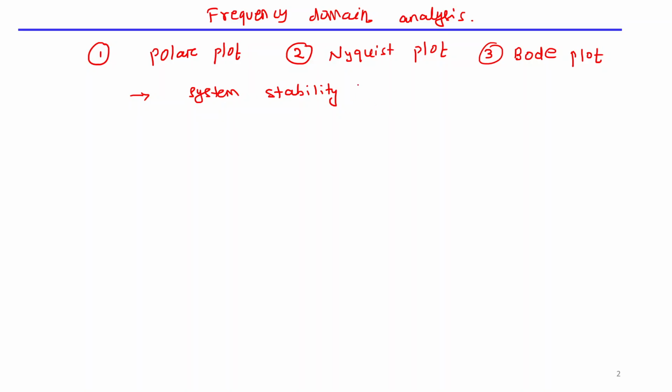In that time we used time response analysis or the RH criterion or root locus; these are the things with which you can find the system stability by using time domain methods. But from now onwards, these are the methods: polar plot, Nyquist plot and Bode plot.